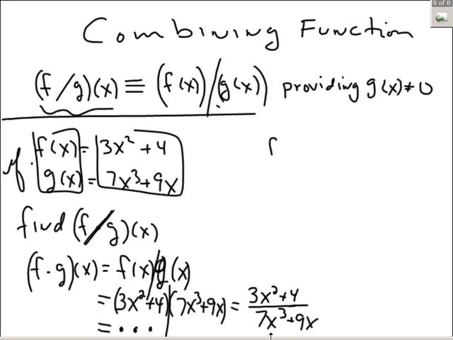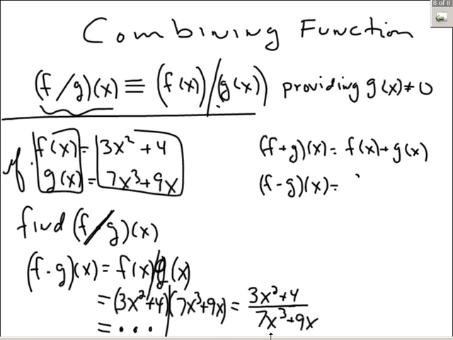So again, when there's a plus in between the two functions, you add the two functions. If there's a minus between the two functions, keep in the same order, that is f first, and then g, you subtract.